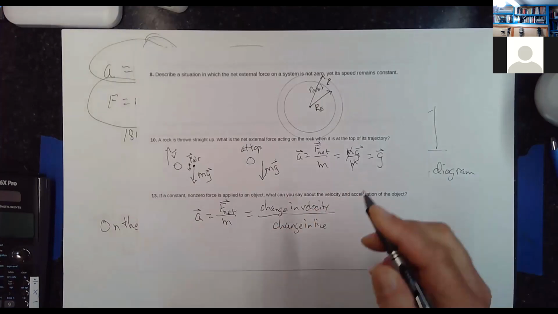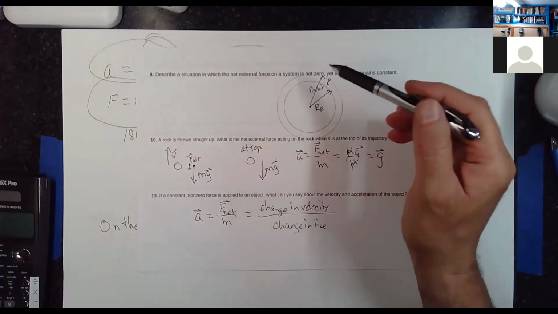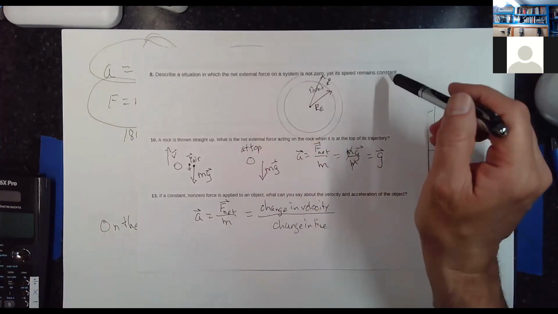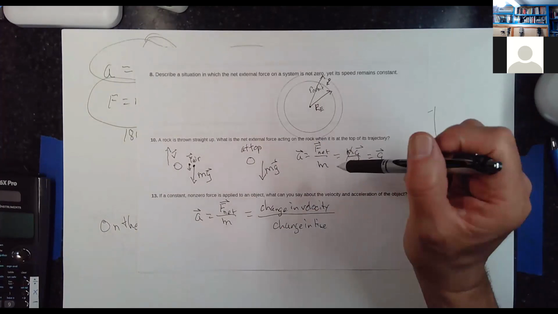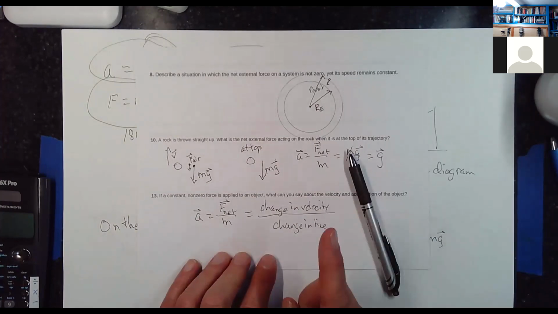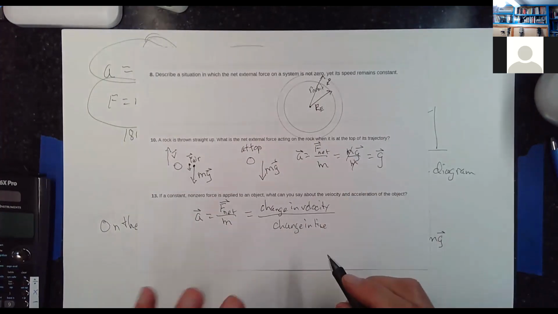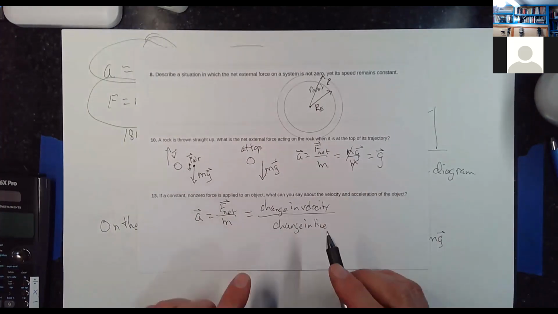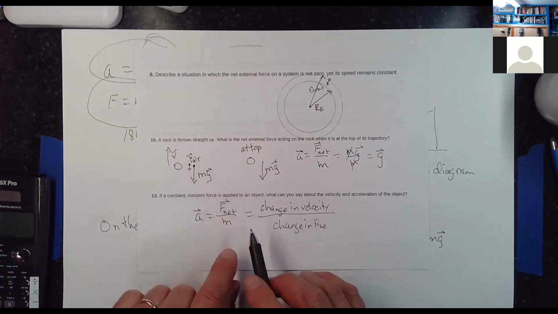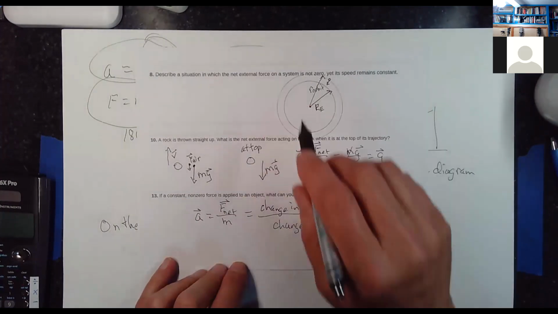Now, we just looked at a situation where the net external force was not zero, but the speed remained constant. The change in velocity could be speeding up, slowing down, or changing direction. And so we can't say for sure that they're going to be speeding up or slowing down because they may be traveling in a circle.